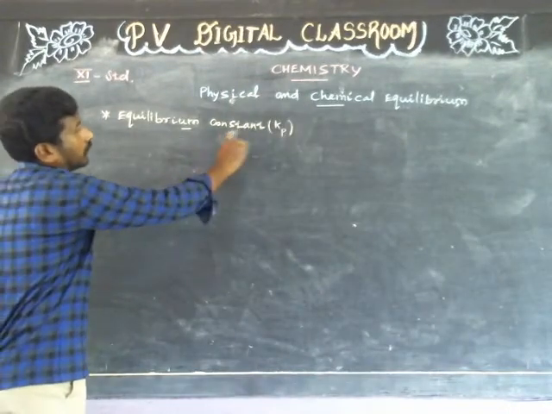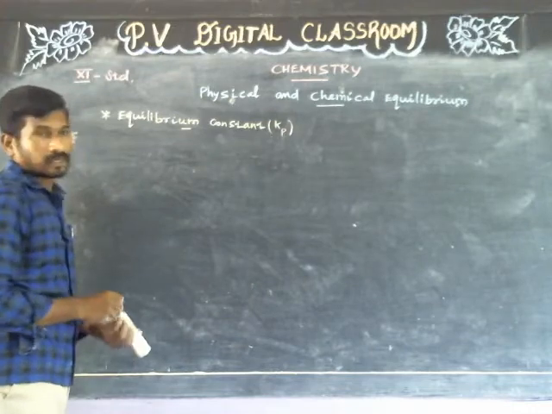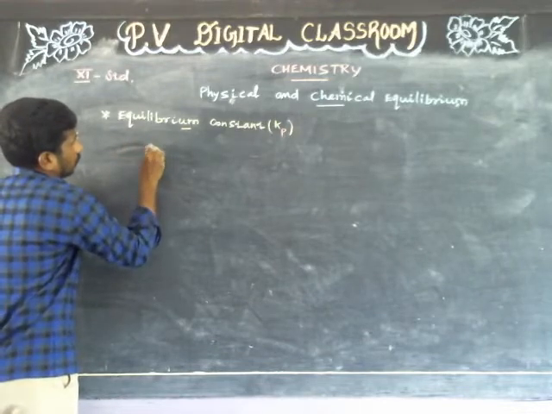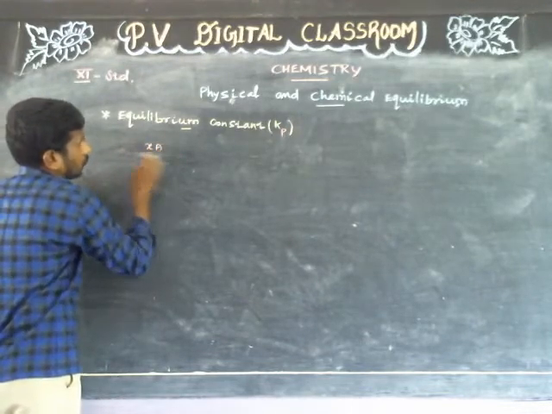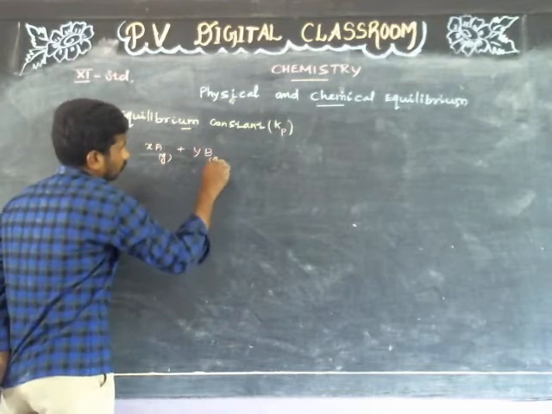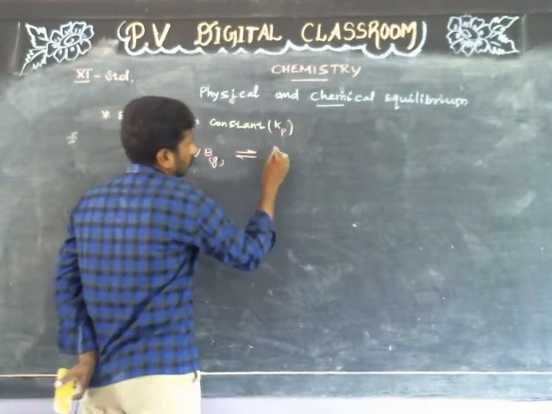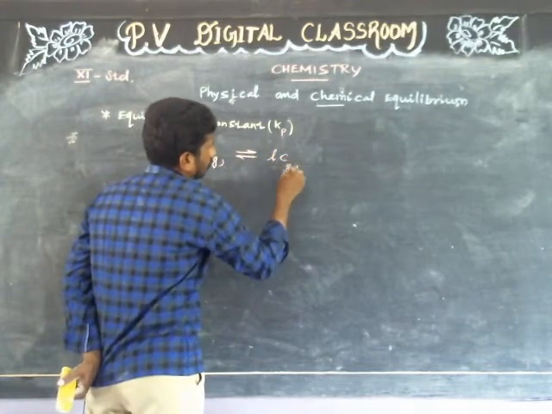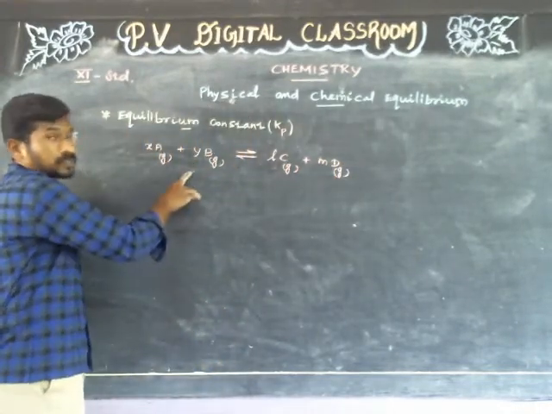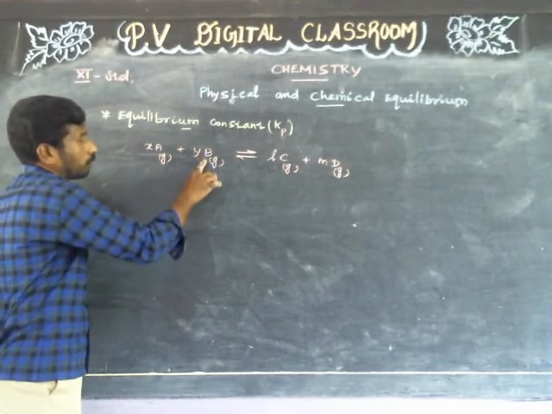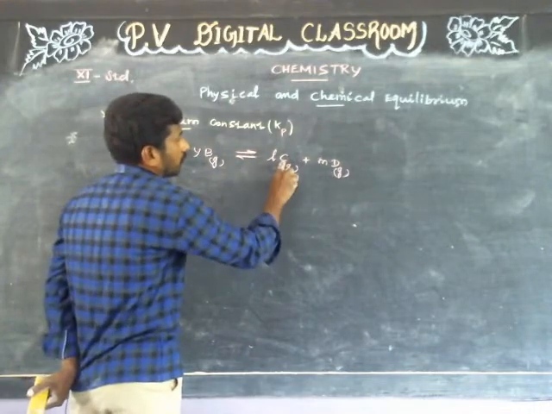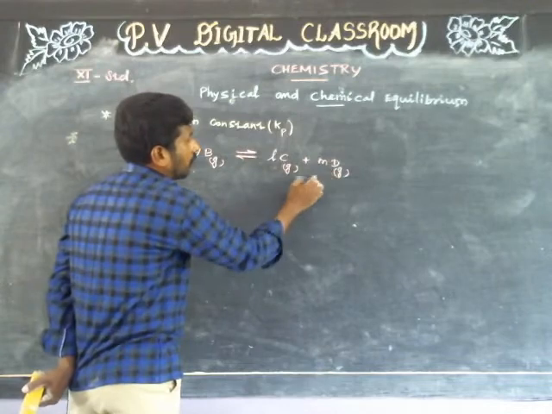Then, equilibrium constant in terms of partial pressure. Let us consider a general equilibrium reaction: X A plus Y B equilibrium L C plus M D. In this reaction, A and B are gaseous reactants and C and D are gaseous products.